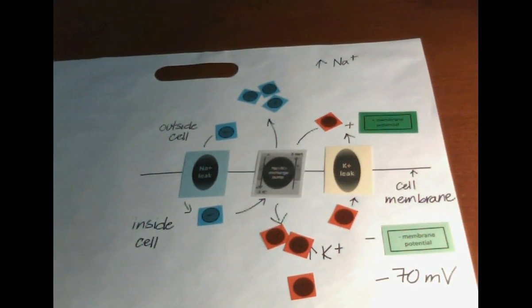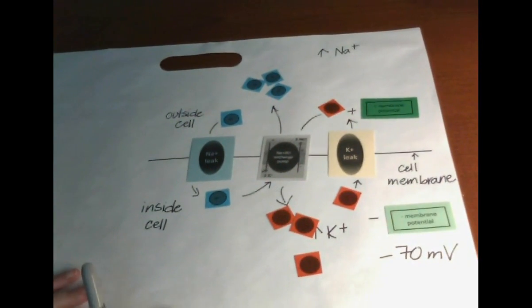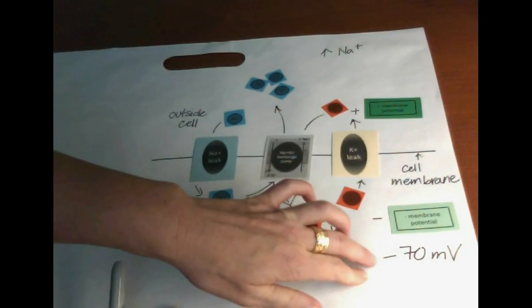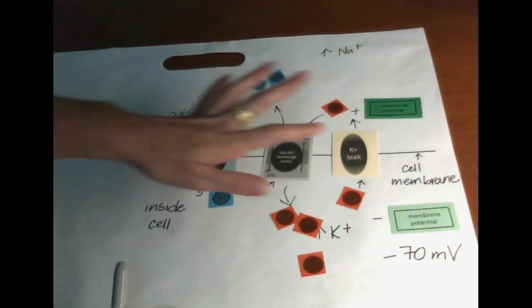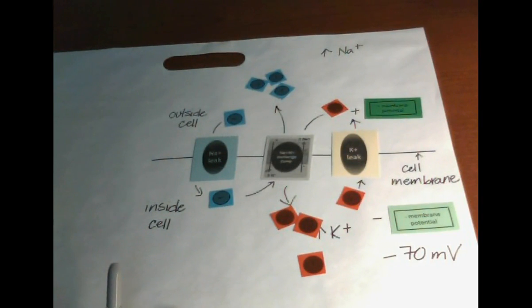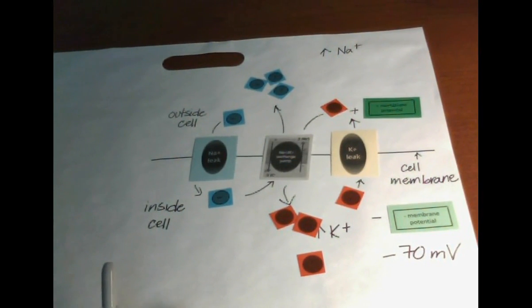You have to have this movement of ions to get a current, which gives you the minus 70. If these things stop moving, you don't have that same condition exist in the cell.